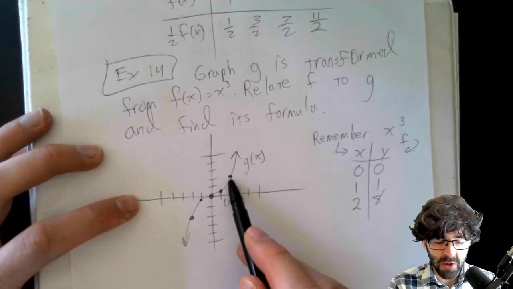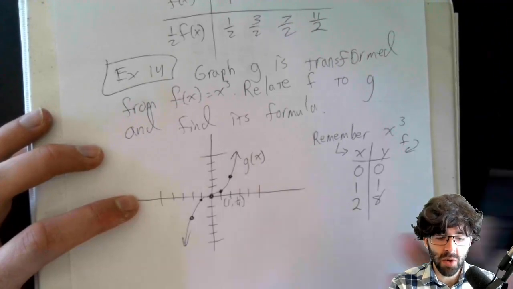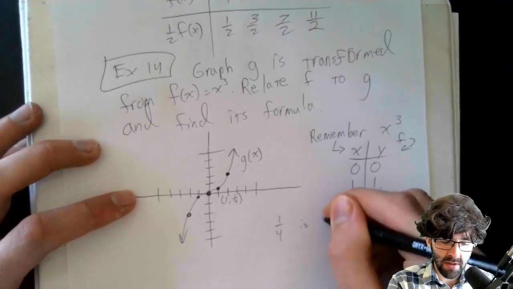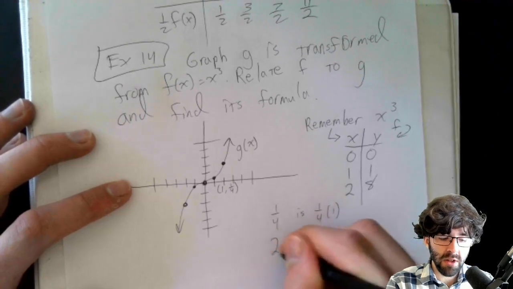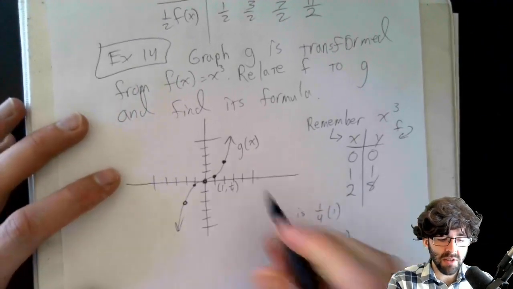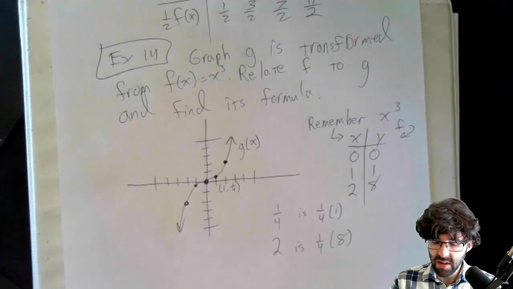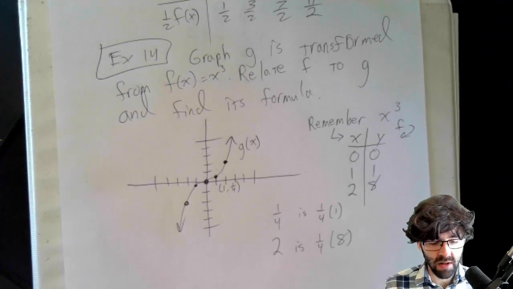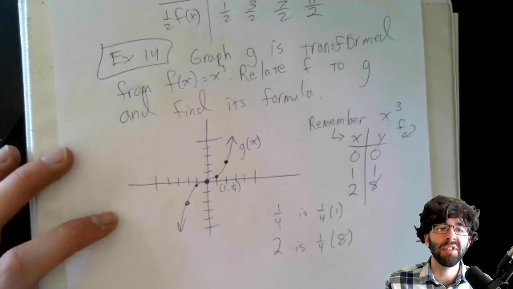We thought at 2 we'd be at 8, but we're actually at 2. 2 is 1/4 of 8, right? 1/4 is 1/4 times 1, right? 2 is 1/4 times 8. So g is always 1/4 of what f is going to be. And that is how we recognize that we are getting vertically compressed.